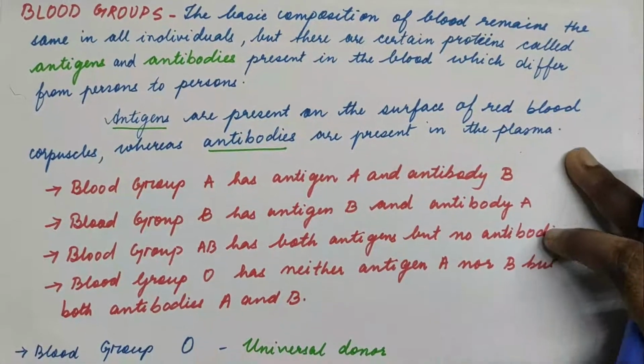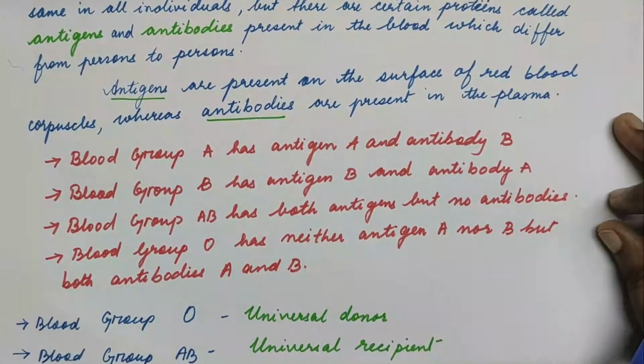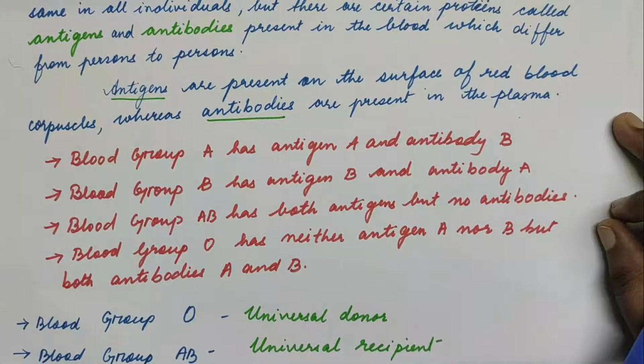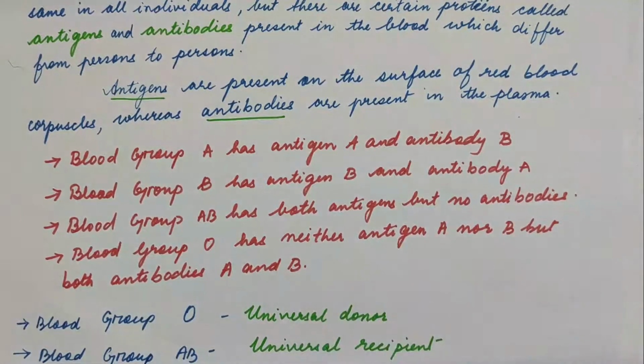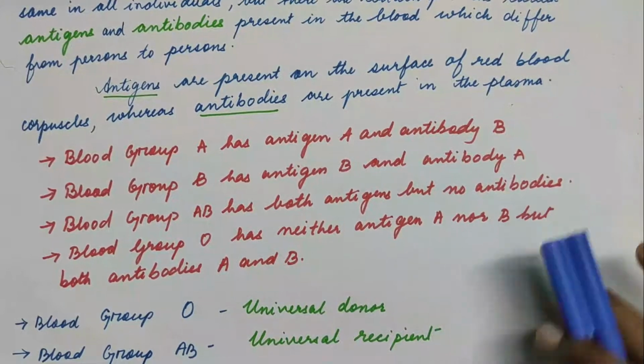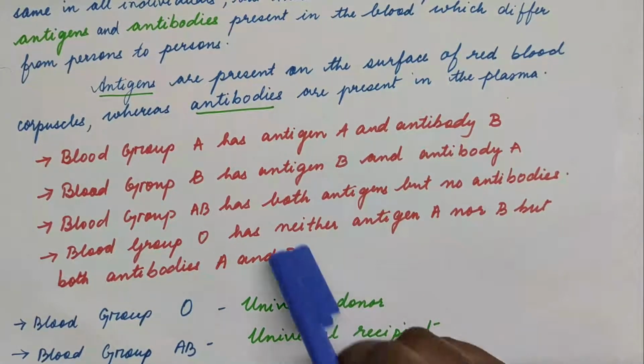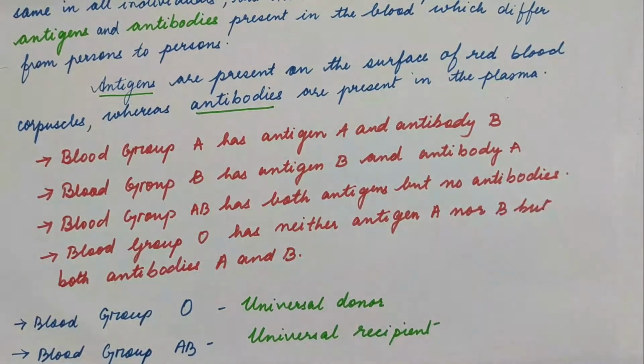Also, you should remember that blood group O is the universal donor. Now, why is blood group O a universal donor? Because it does not have any of the antigens and it can be given to any person with any blood group. But blood group AB is called the universal recipient. As you can see, it has no antibody.